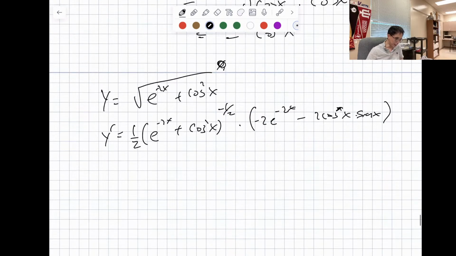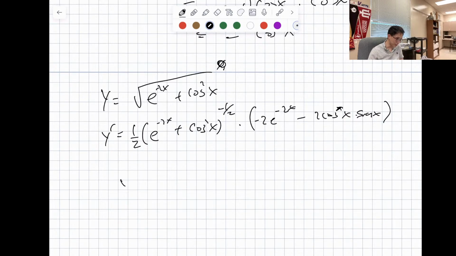Now, if they have their answer like Alejandro's here, it's not wrong, because you will find out it's the exact same answer if you pay attention to it. 2 cosine of x. Wait. Oh no, she did write a negative over there.